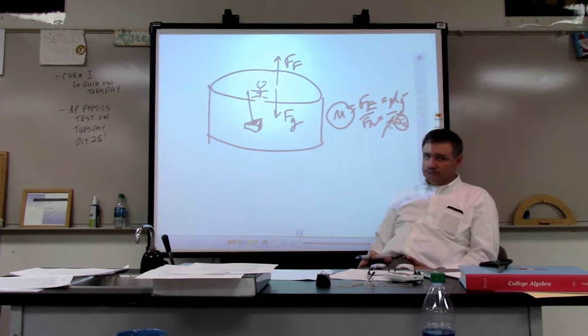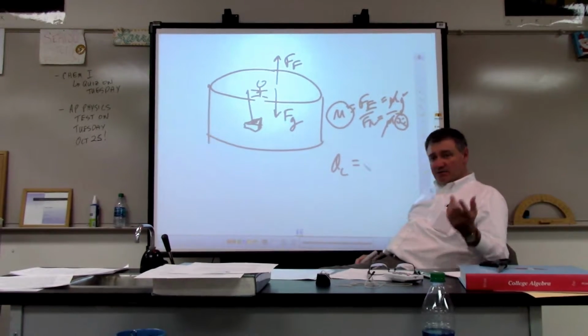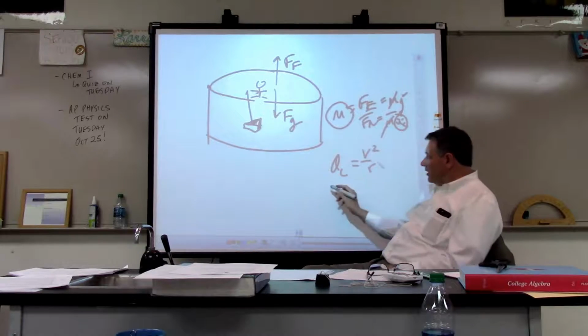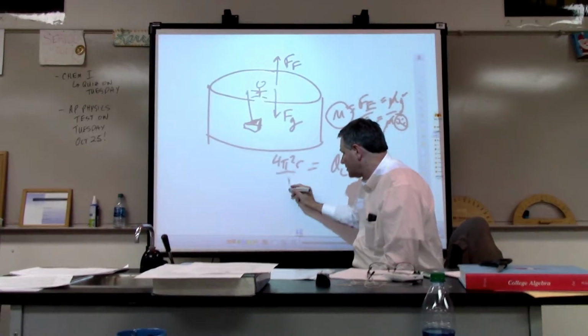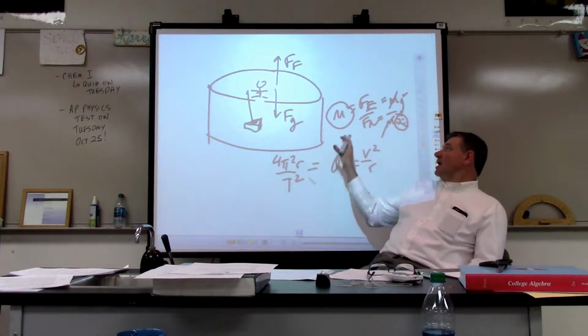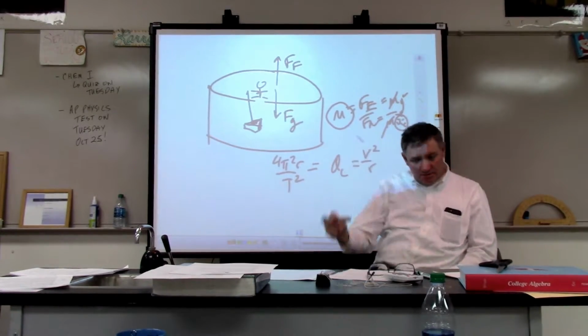Now, once you get your centripetal acceleration, you can spin it one of 2 ways. You can either go v squared over r, or you can go 4 pi squared r over t squared. So you've got mu, you know what g is, find your centripetal acceleration.